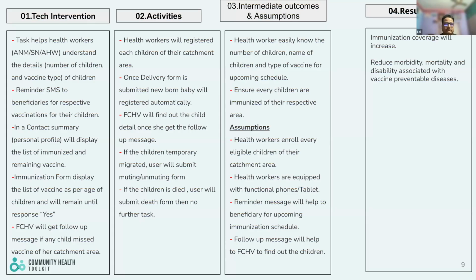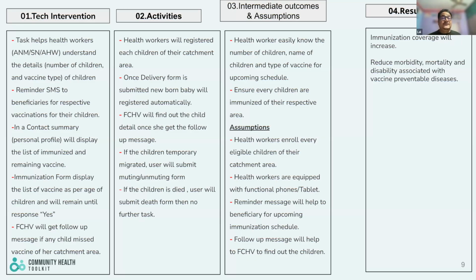I also talked about the form close conditions: when a child moves away temporarily or re-enters, the health worker uses the mute and unmute form to resume the services, and if the child died, then the death form is submitted, so no further task.